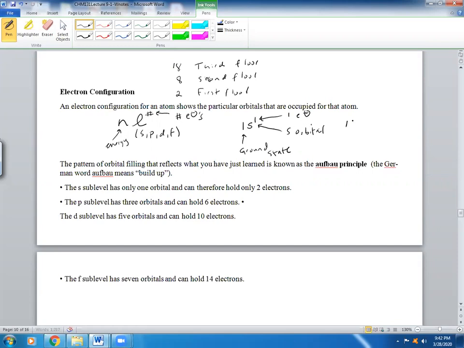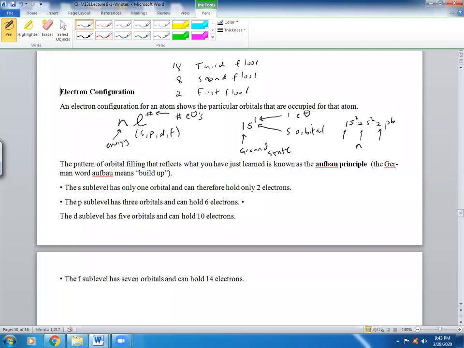If I have something like 1s2, 2s2, 2p6, so on and so forth, you can see that the front numbers are n, and then the s's are L. Notice that this s is at the first energy level, this is at the second energy level, this is now a p, so on and so forth. So notice that you can put more electrons in p because you have more orbitals.